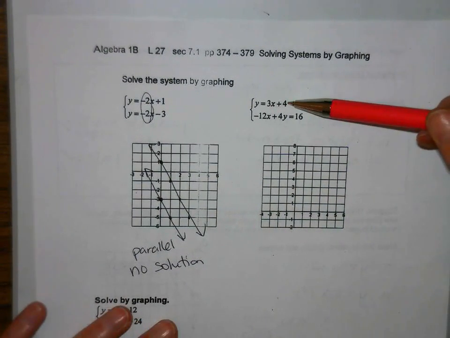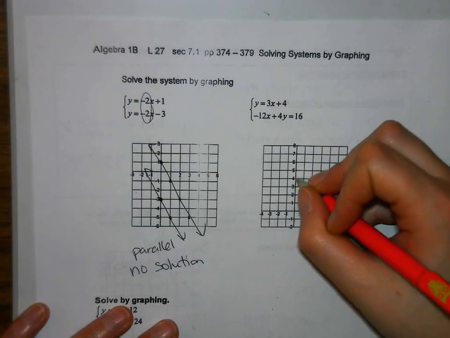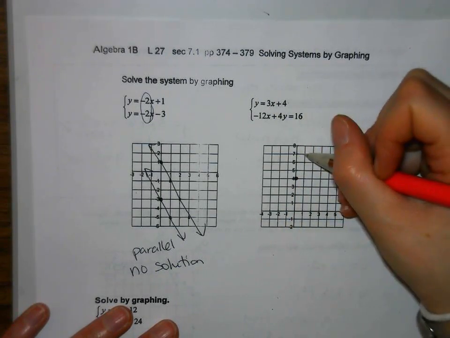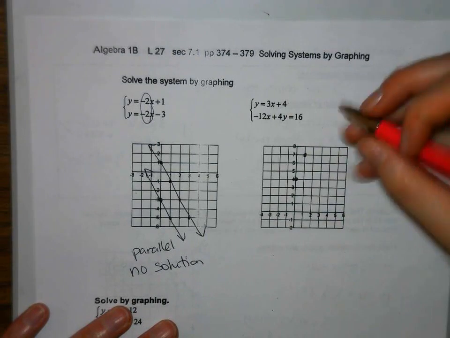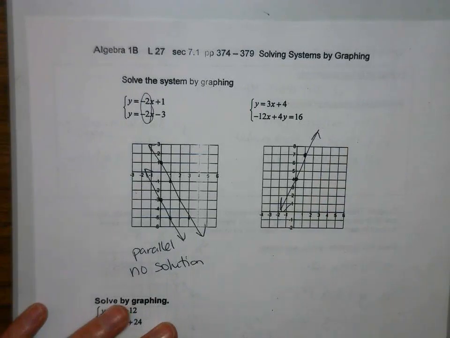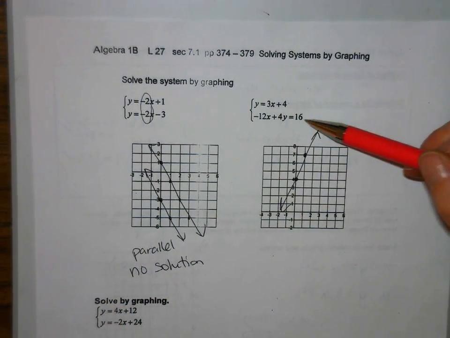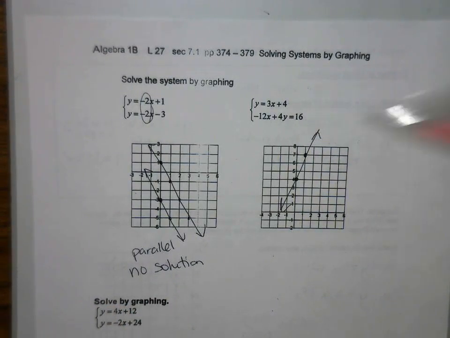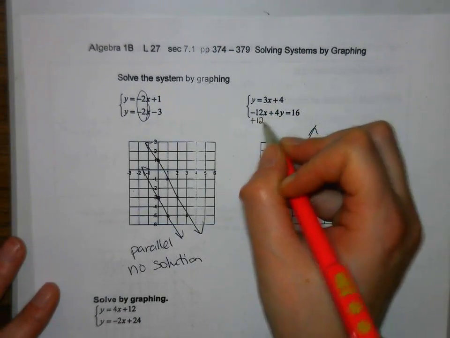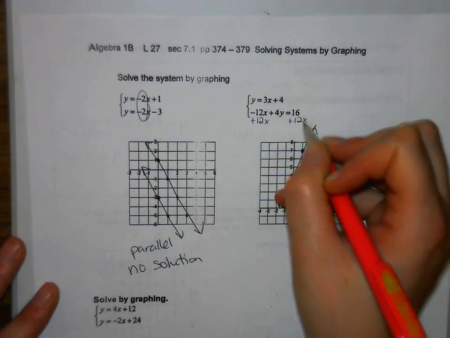Second one, we can graph this one. We have a y-intercept of a +4. Our slope is a +3, so that means we go up 3 over 1. So we can connect that line. Before we can graph this one, we need to put it in slope-intercept form. So first step, we need to move our x to the other side by adding 12x to both sides.